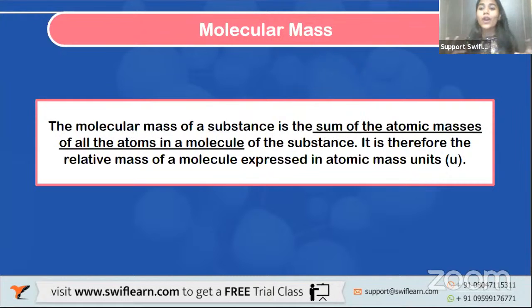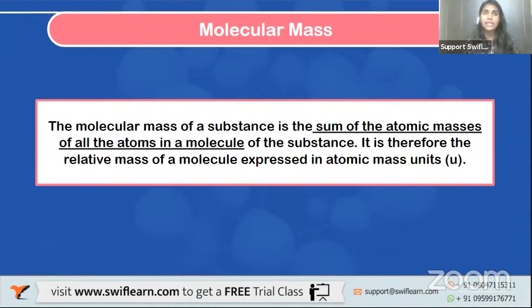When two or more atoms combine together, you get a molecule. So if I want to know the mass of a molecule, how will I find it out? I will take out the atoms that make the molecule, find out the mass of each and every atom, and then add up all of them to give the molecular mass.